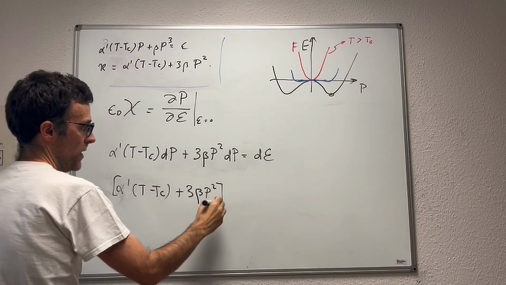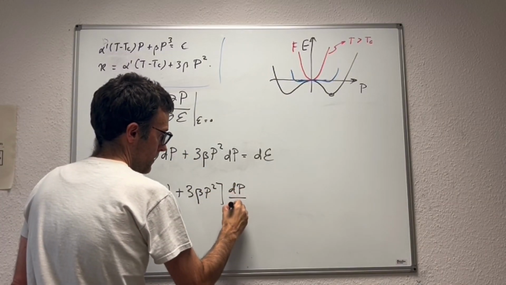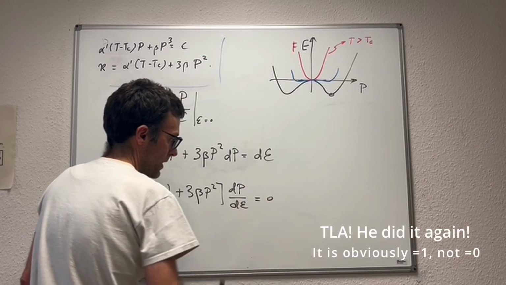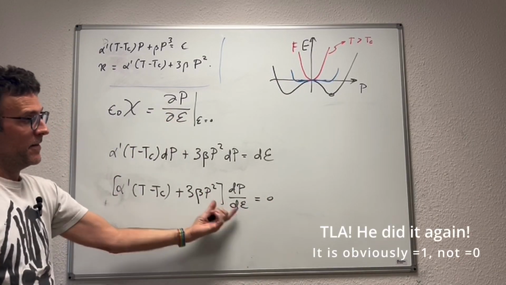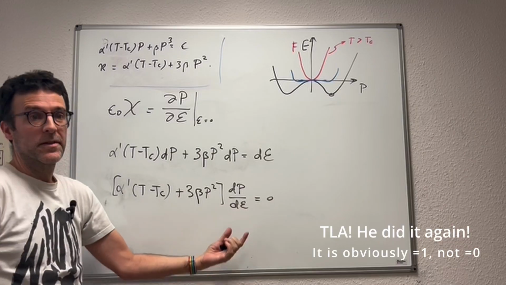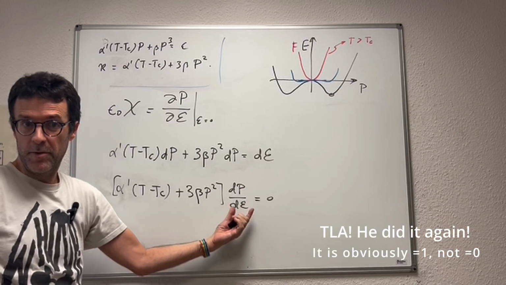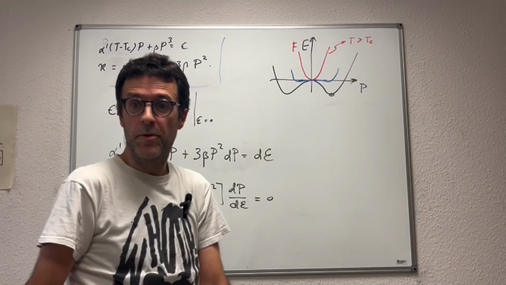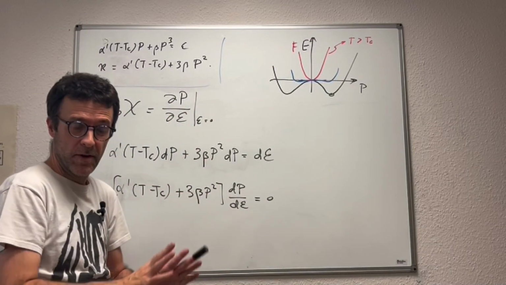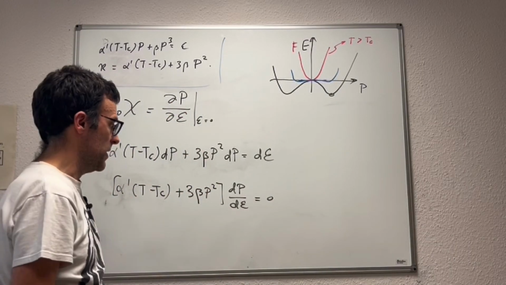And as a common factor, I can take dP/dE, which I can identify with this partial derivative if I recall that the temperature, for example, is what is being kept constant. And maybe the strain, or the stress, is also being kept constant, that we are not even worrying about right now, but eventually all that can be made explicit.